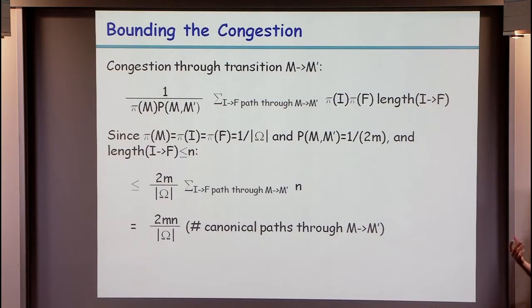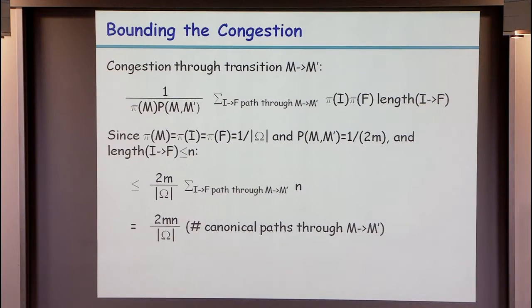And the length of the path, well, how many transitions do we need to go from red to blue? Well, we're just going through the edges in the matching. And so the length of the path, the number of transitions I need to go from red to blue, is upper bounded by the number of matching edges, and so that's n.